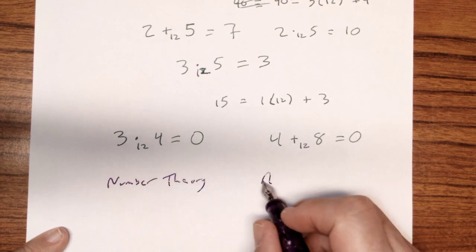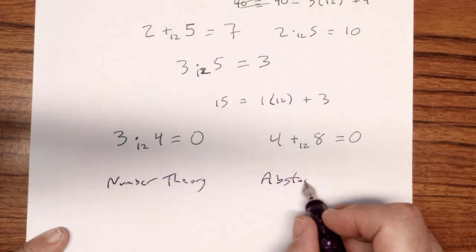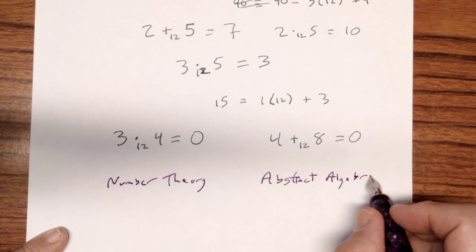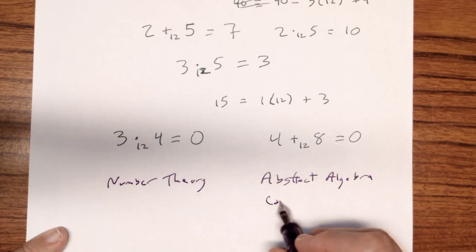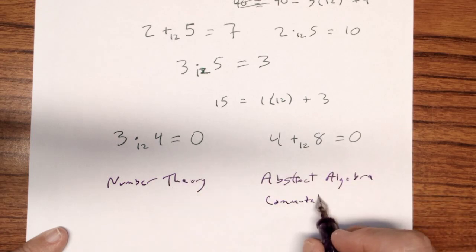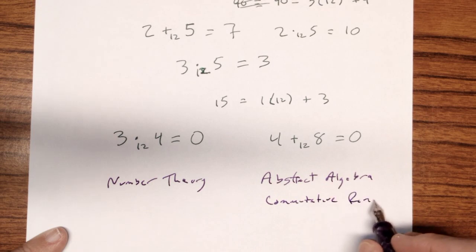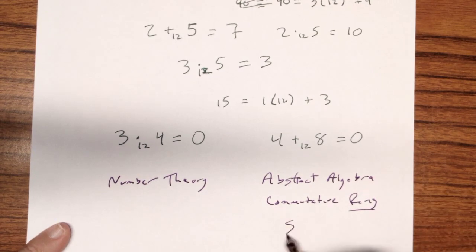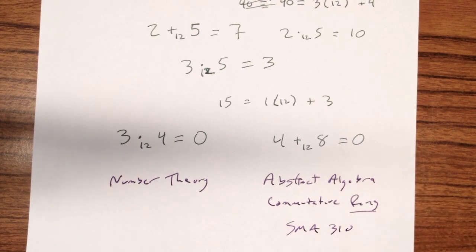There are also courses in abstract algebra that address this, because this is what's called a commutative ring. And rings are discussed in this course, that's SMA 310, which only a few of you are required to take, and it's a ways down the road.